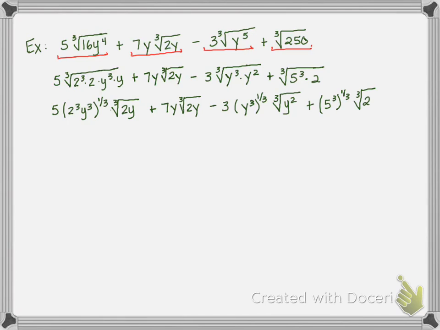So, and this part of it, if you're comfortable just from here, just taking the cube root, you don't have to write it with the 1/3. So if you're like, oh, the cube root of 2 to the 3rd is just going to be 2, then you can just go straight to this step if you want to.